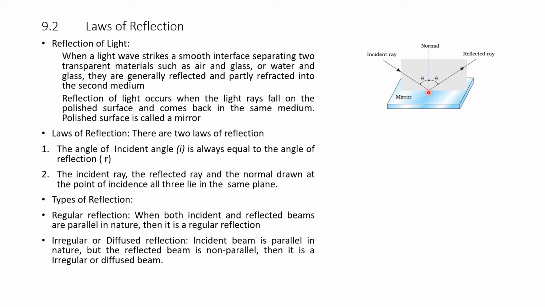The law of reflection says the angle of incidence, shown here as theta, some books write it as angle I, is equal to the angle of reflection. This is the angle of reflection. Theta is the same here; I is equal to R is the first law.